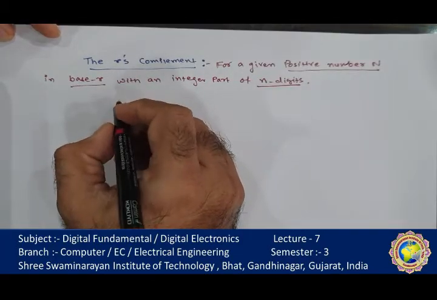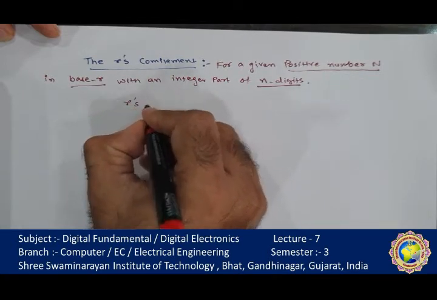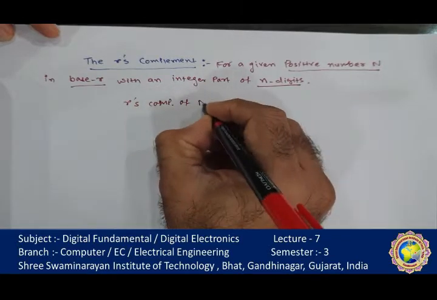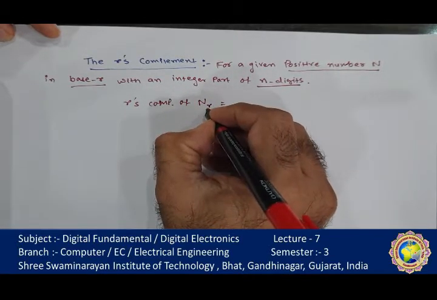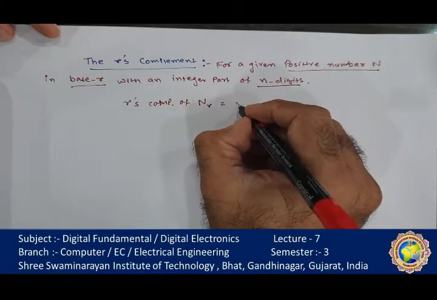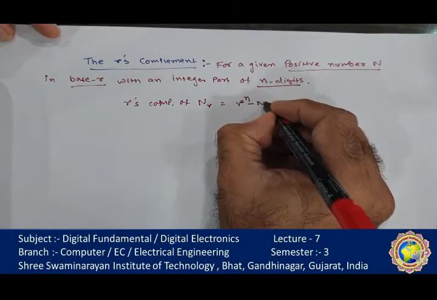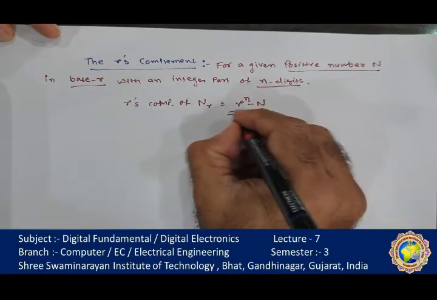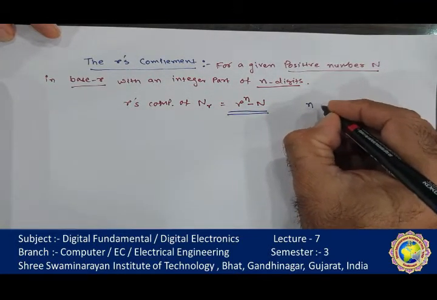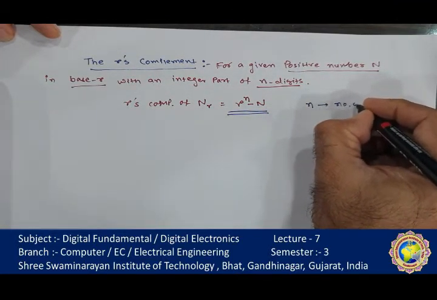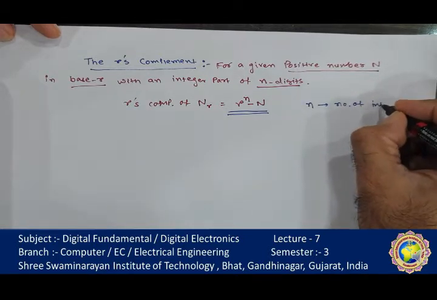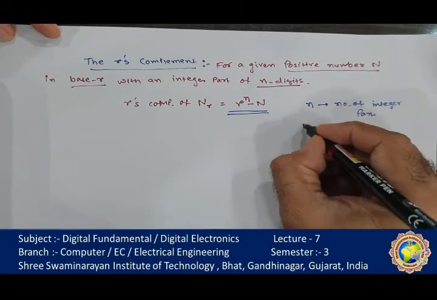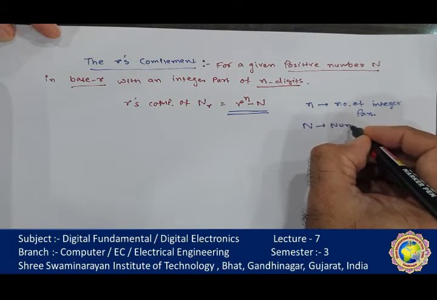Then the R's complement of number N in base R is equal to R raised to n minus N. Here remember that small n is the number of integer digits and capital N is the number itself.